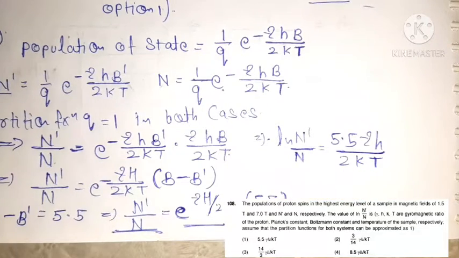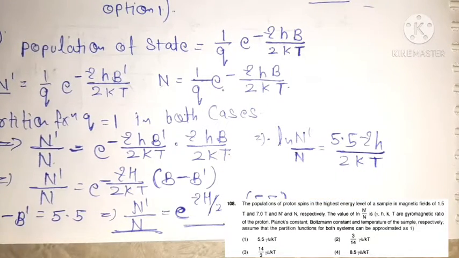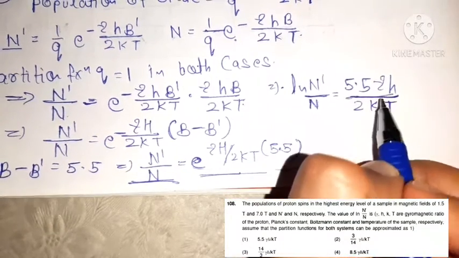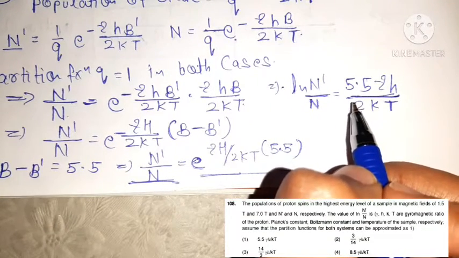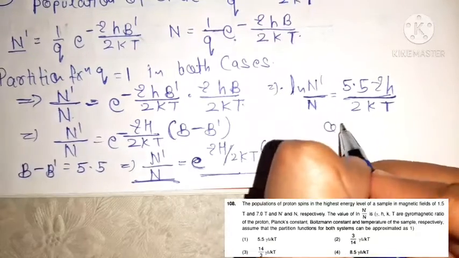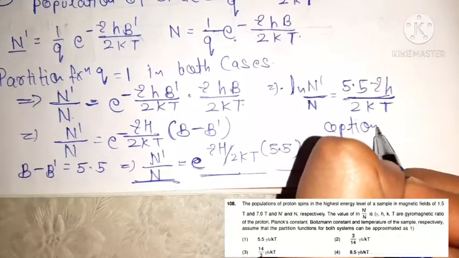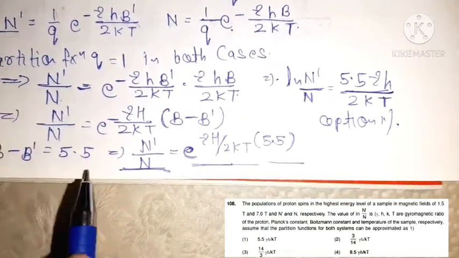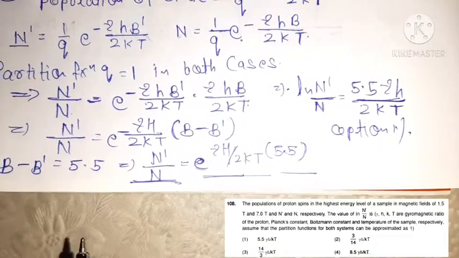So the ratio ln n dash upon n is equal to 5.5 gamma h upon 2 kT. Understand, friends? And this is your option number first. See in the corner, friends, your option number first is the correct answer for this question. I hope you understand it.